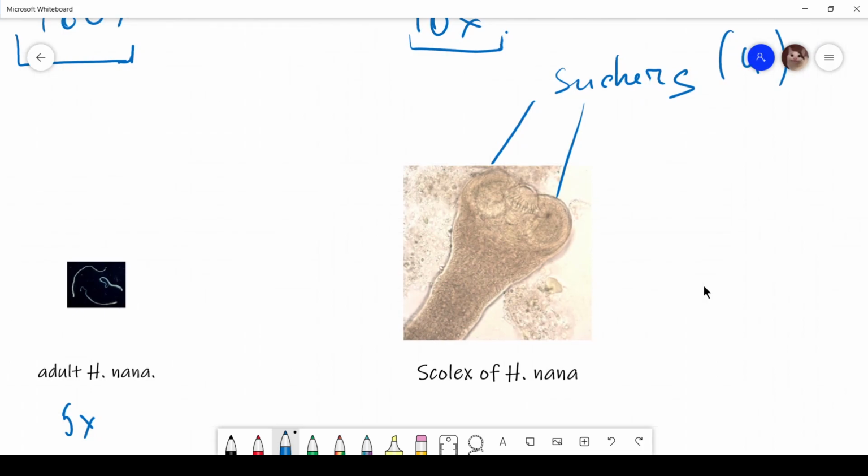It has 4 suckers, and with the help of the suckers this worm can attach to the wall of the small intestine. I'm sorry, but I have no photo of the scolex of Hymenolepis diminuta, but it looks like the scolex of Hymenolepis nana. It doesn't matter for diagnosis.